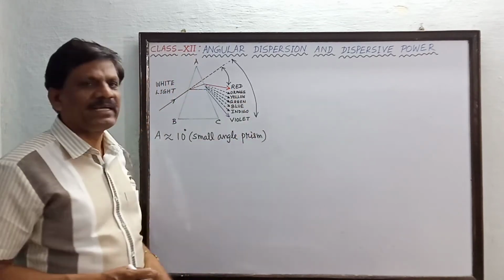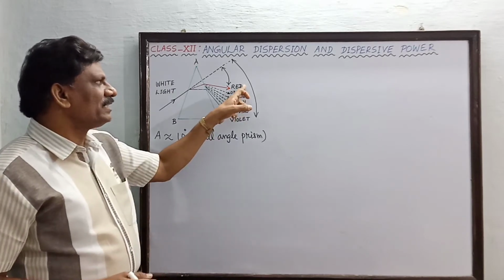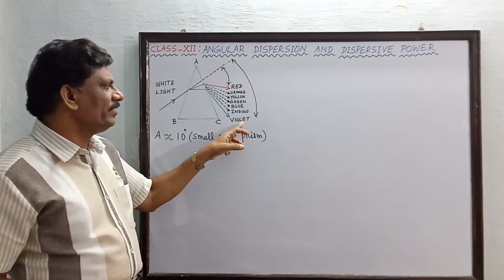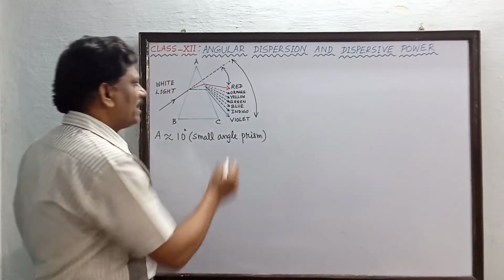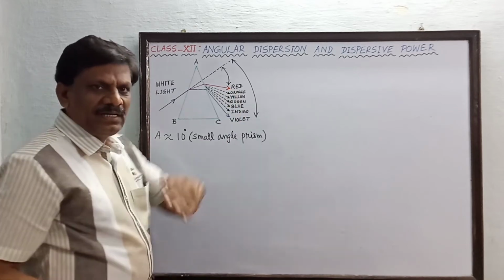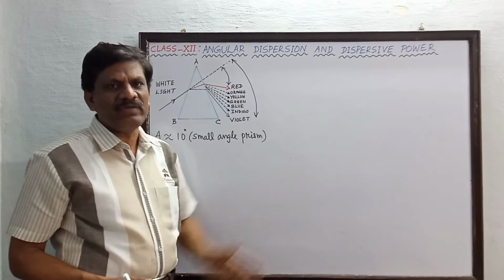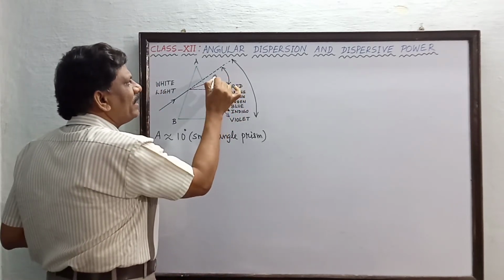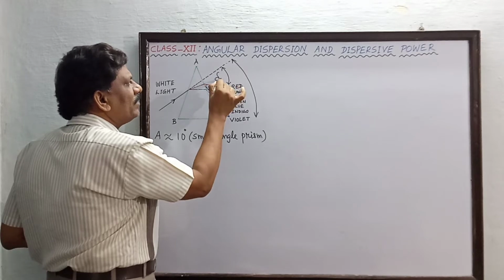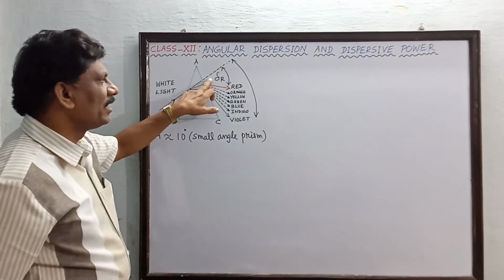You watch this diagram and try to understand that the deviation for red and the deviation for violet are different. So which color has deviated less and which color has deviated the most, we are going to find out. This red has deviated by a small angle which is denoted by delta R, the deviation for red.